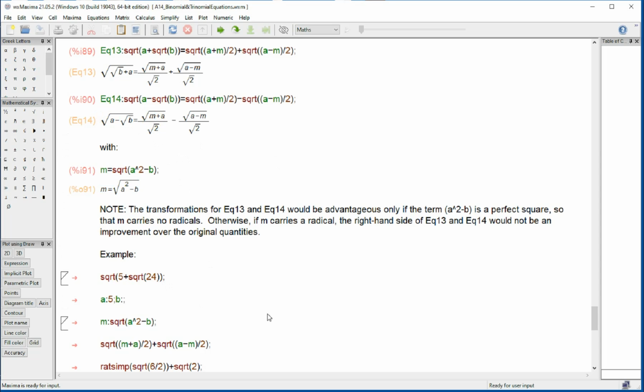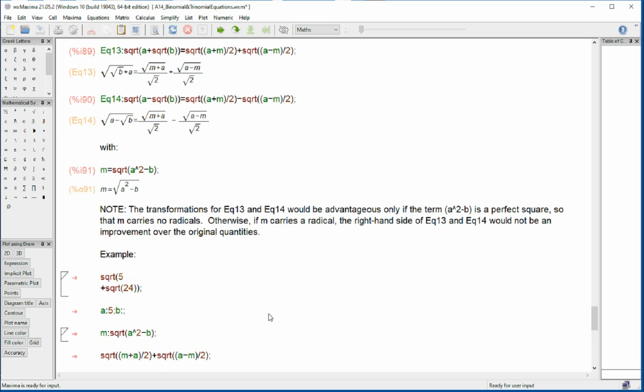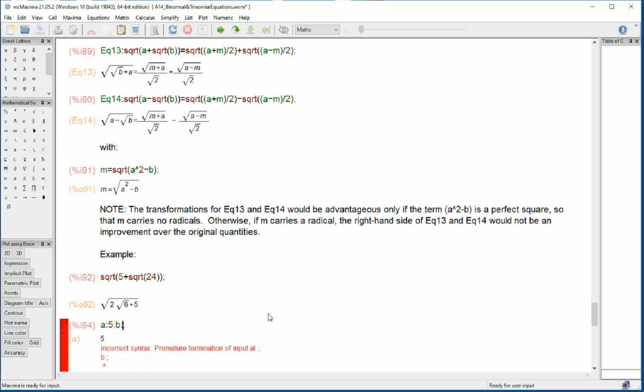And so let's, for example, look at this case. Sorry. Shift enter here. And here a is equal to 5, and b is going to be equal to whatever goes inside here. When we put that 2 inside, it goes to 4, so that should be 24.